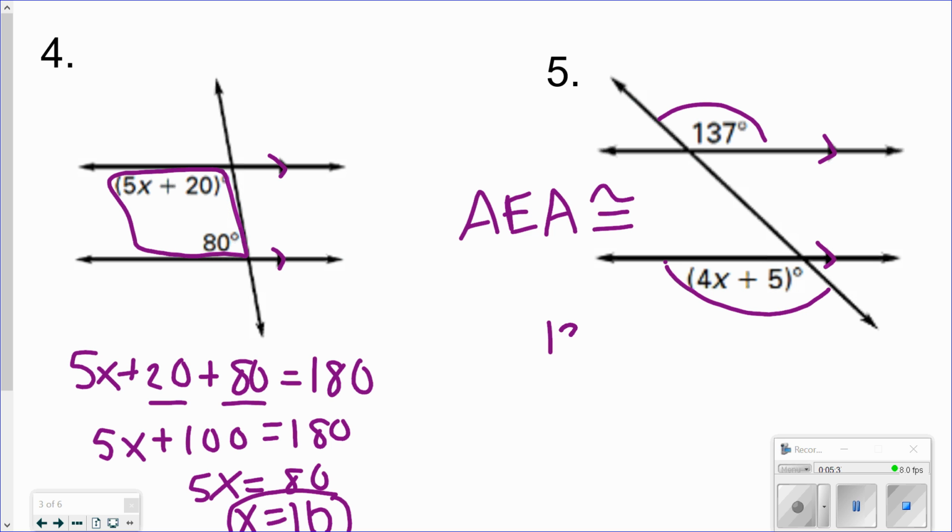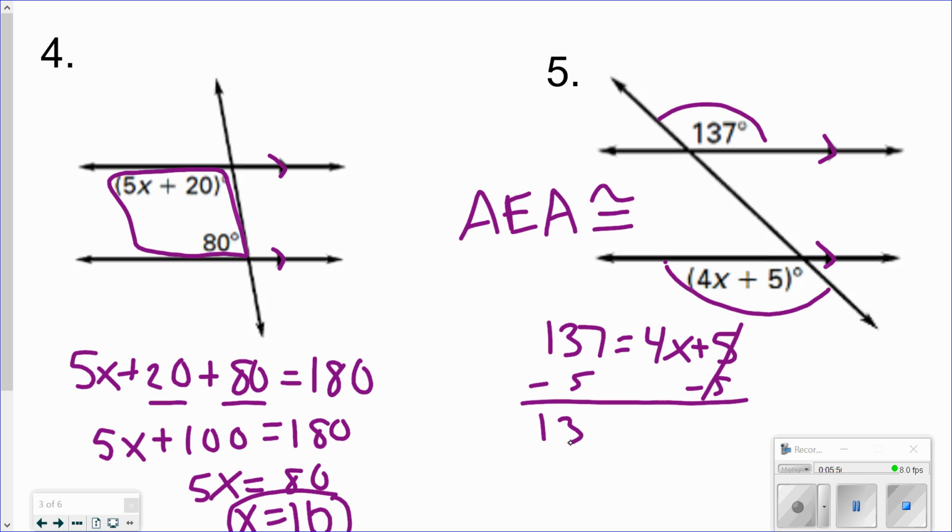So I have 137 is equal to 4x plus 5. I'm going to subtract 5 from each side. So 132 is equal to 4x. Divide by 4, so 33 is equal to x.